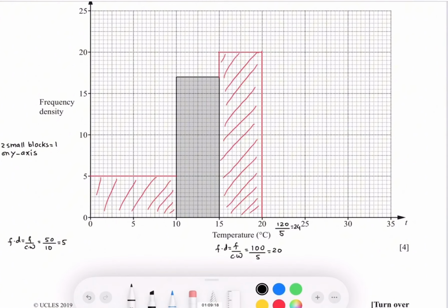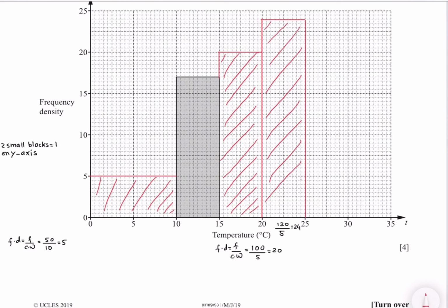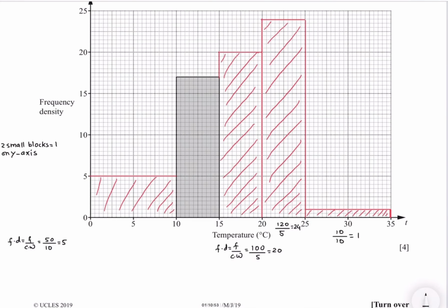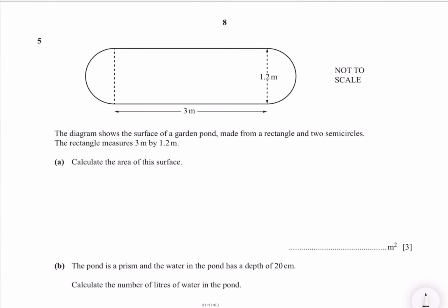So 24 is your height here, and the next is frequency is 10 and class width is also 10, so 1. Here is your 1, shade it like this. So this is how you complete your frequency density histogram.